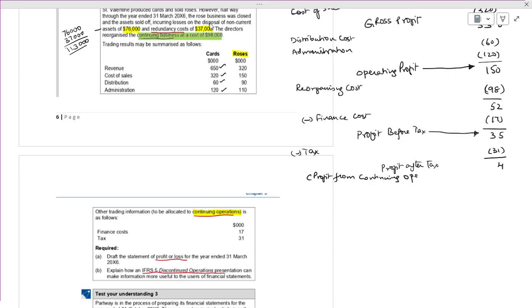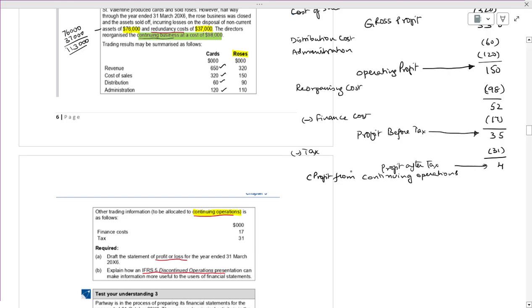I will write slowly, one minute. Profit from continuing operations. How much is there? 4. Okay, profit from continuing operations is 4.